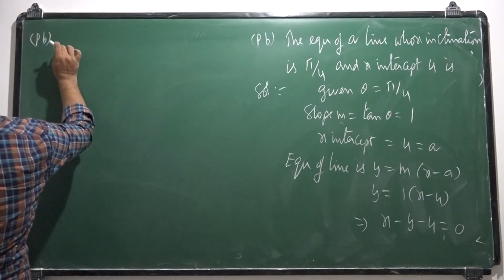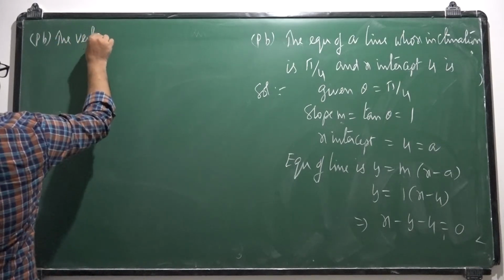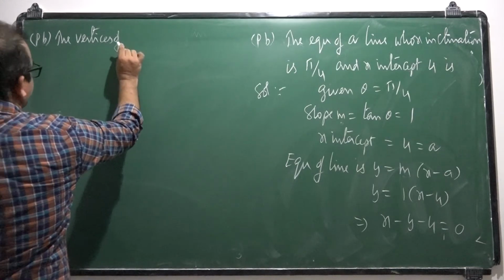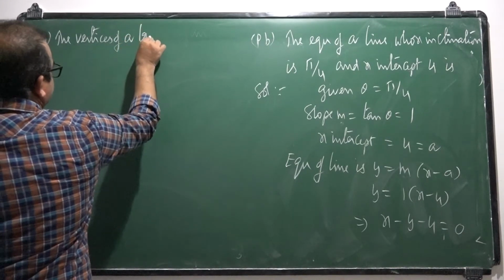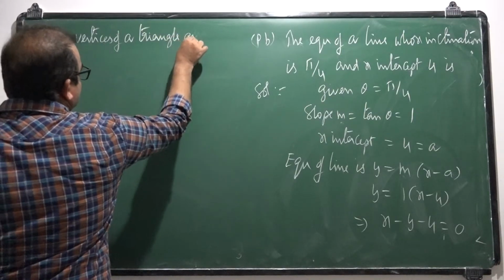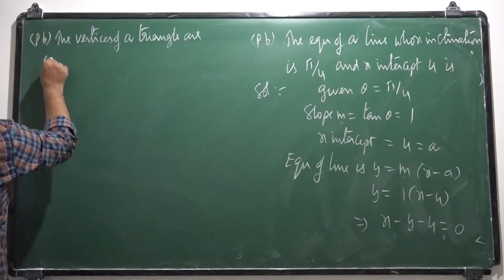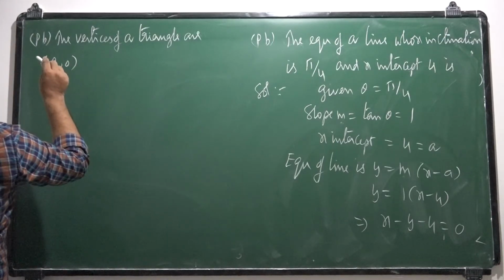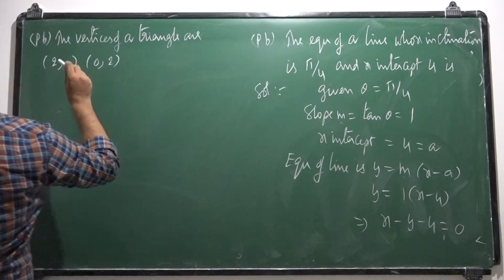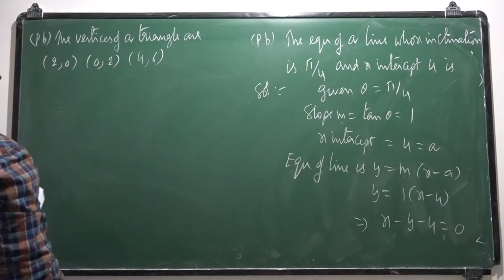Next problem. The vertices of a triangle are 2, 0, 0, 2, 4, 6.